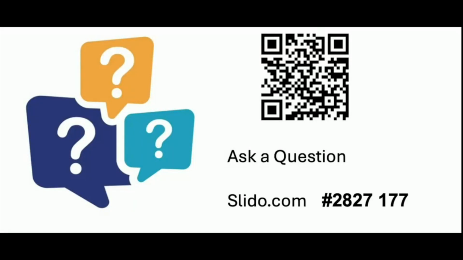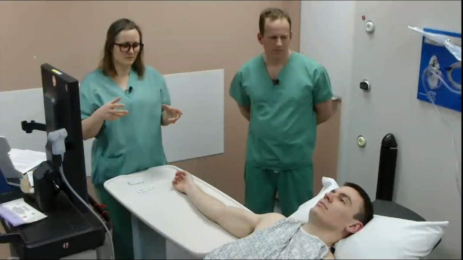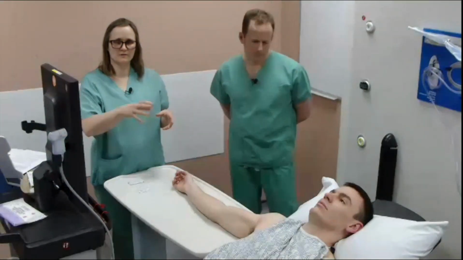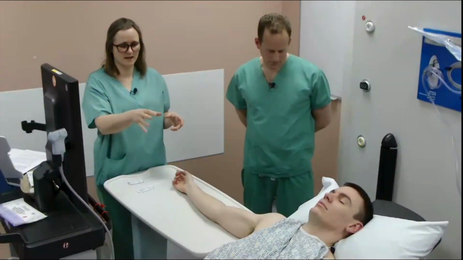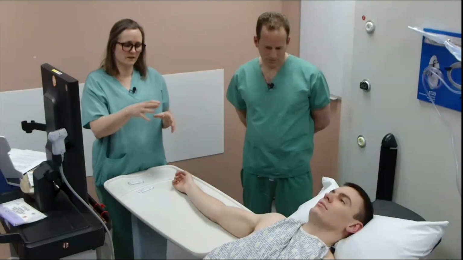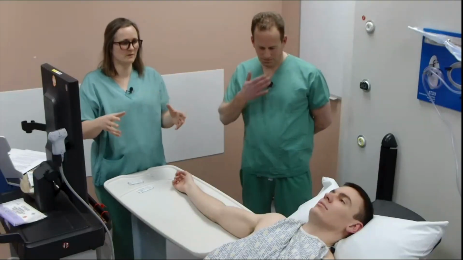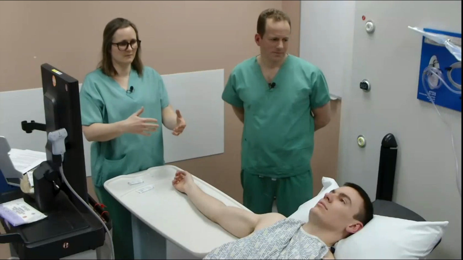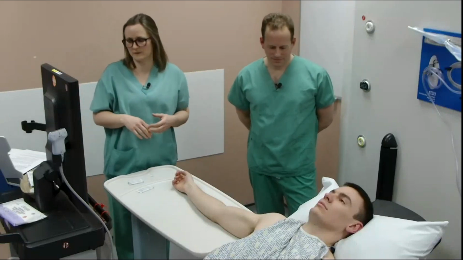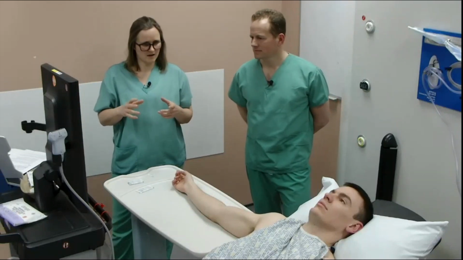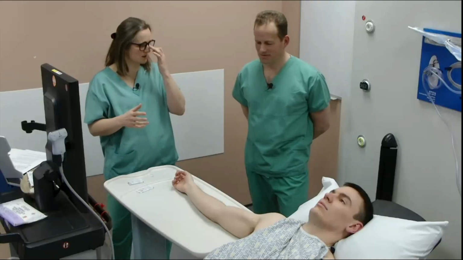If there's anything already posted that is a question you'd like to know, you can give it a thumbs up and it will push it up the order of preferences. We'll do this in two parts. We'll talk about the proximal part of the awake hand surgery and then pause for those types of questions, and then we'll have another set of questions at the end just to break it up a little bit.